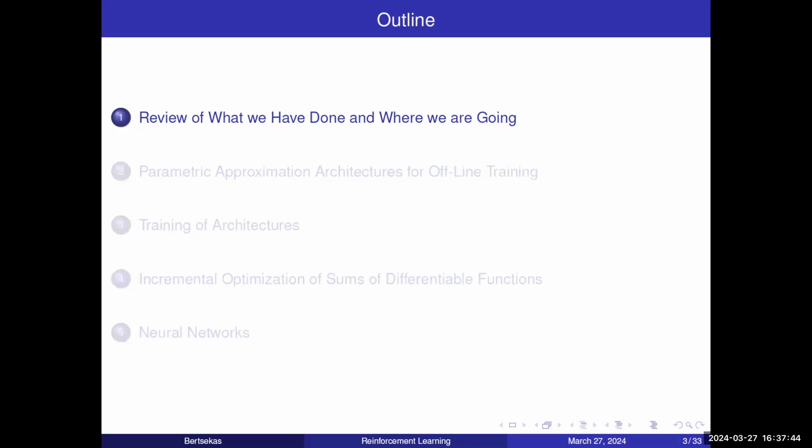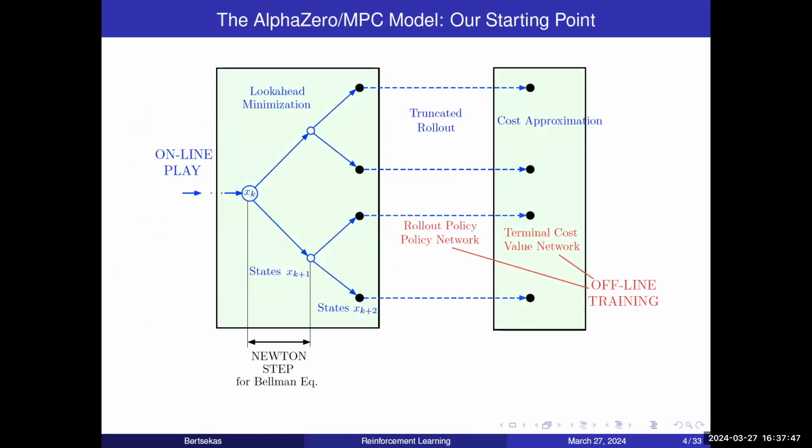All right, let's get started. Here is the essential key architecture that we go back to again and again. This is the AlphaZero or MPC architecture, which is our starting point.